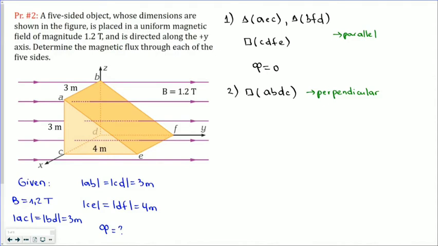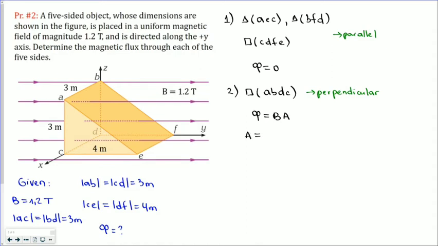And we know when a plane is perpendicular to the magnetic field lines, we can find the flux just by multiplying the magnetic field by the area. Now we know the magnetic field, but we don't know the area. So let's find the area of this perpendicular side.